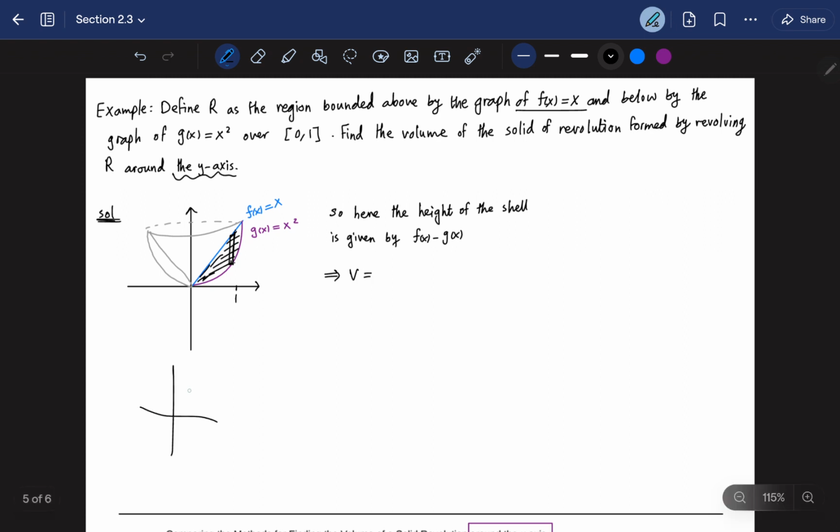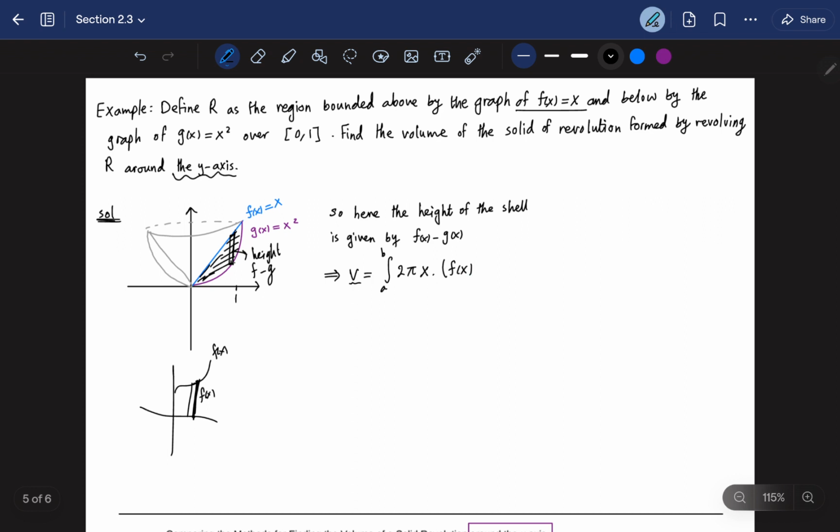In the above graph, when we had f, for example, when you took a rectangle, this height was just f of x, because this is f of x minus 0, so the height is just f of x. But the height of this rectangle is going to be f minus g. So since when we're doing the volume using the cylindrical shells, it's just from a to b, 2 pi x, which is my width, times f of x, which is my height.